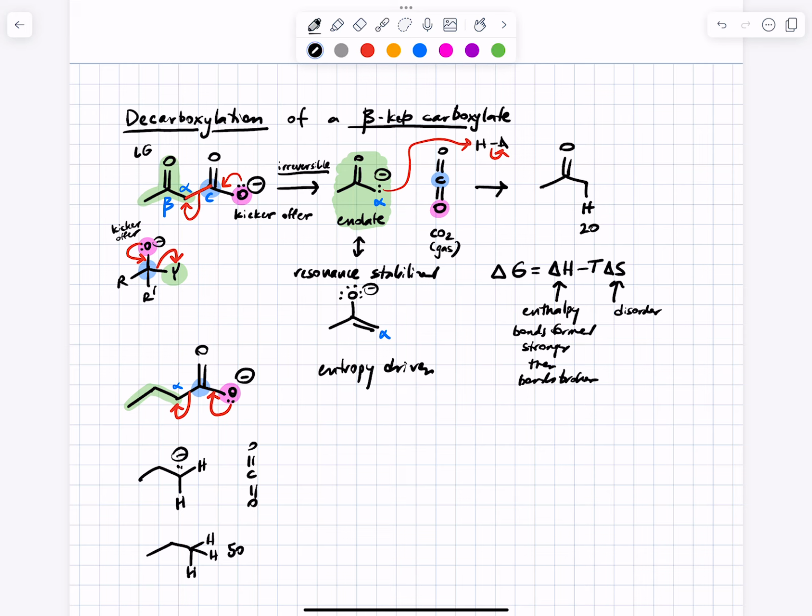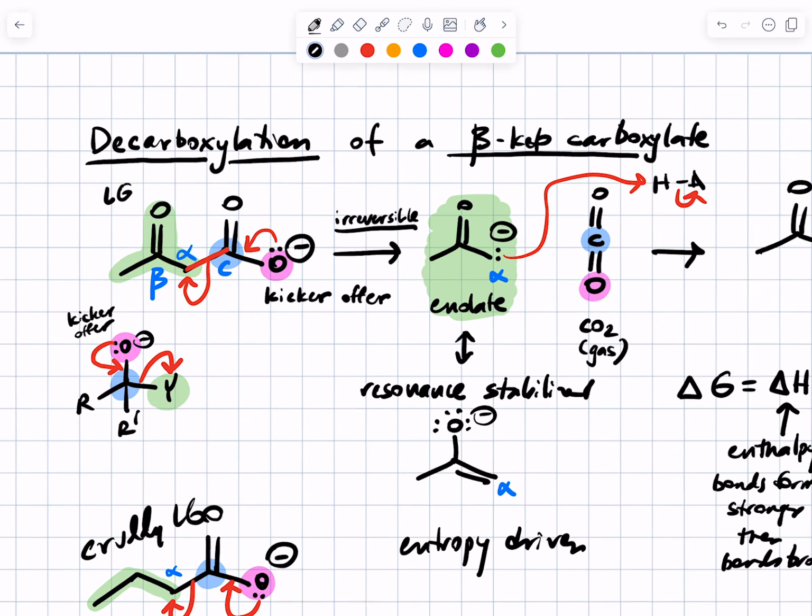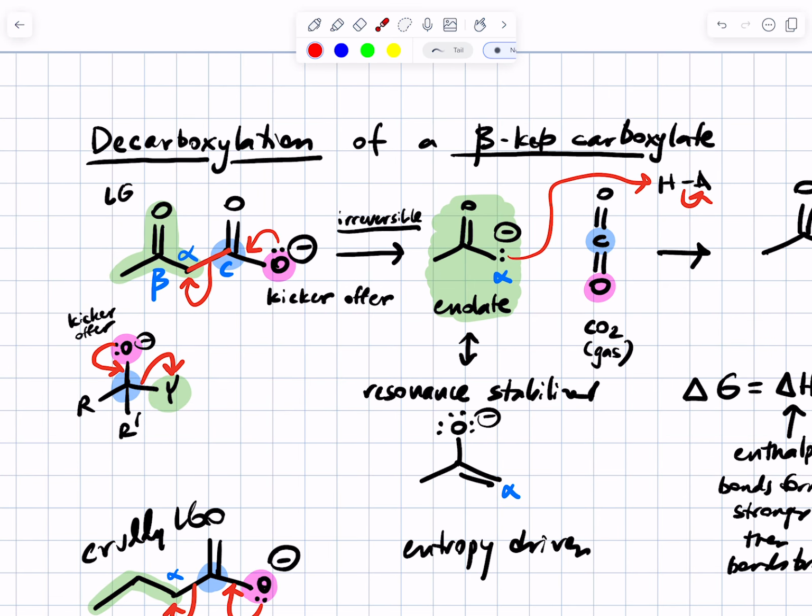So what I just showed you down here does not happen because this is such a cruddy leaving group. You absolutely need the ketone on the beta carbon so that your leaving group can be an enolate. The pattern you're looking for to let you know when decarboxylation can occur is, again, the beta keto carboxylate.